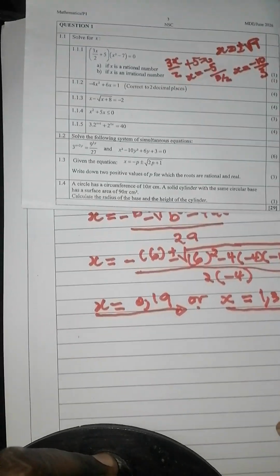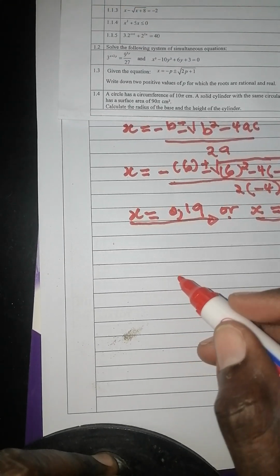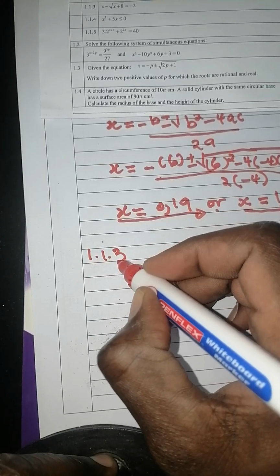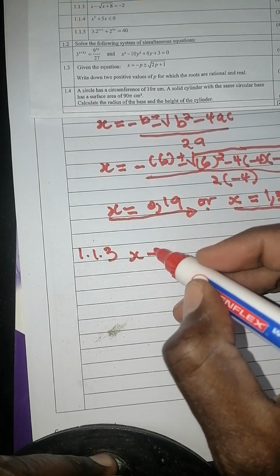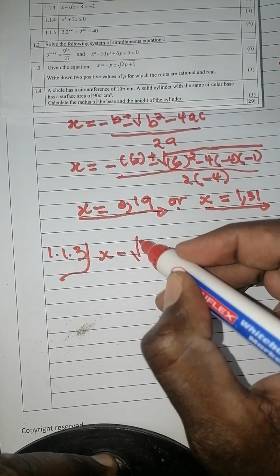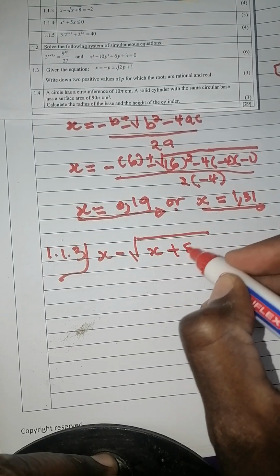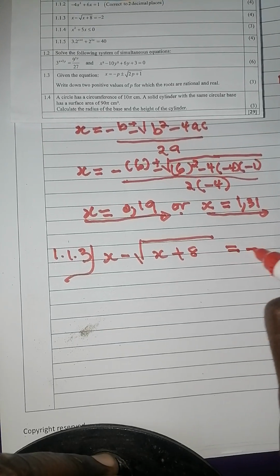So you're given 1.1.3: x minus the square root of x plus 8 is equal to negative 2.